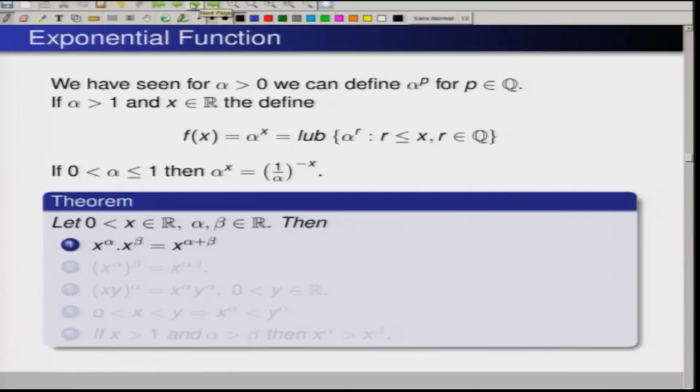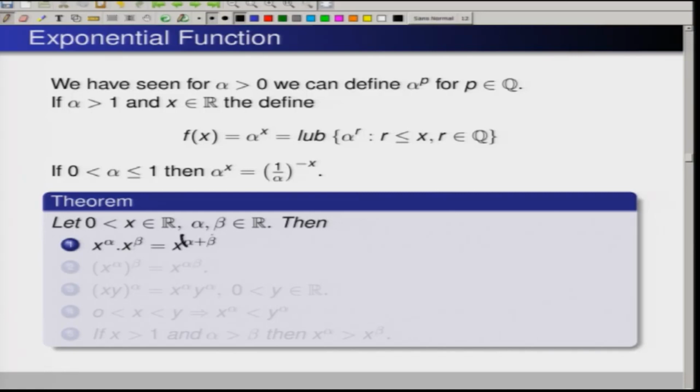Now, with this definition, if one patiently writes it down, what we can see is that x to the power alpha into x to the power beta is equal to x to the power alpha plus beta.